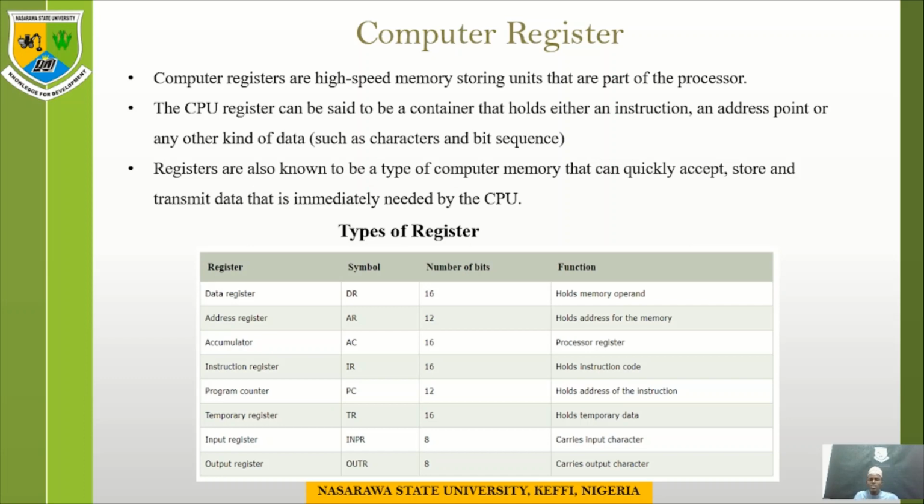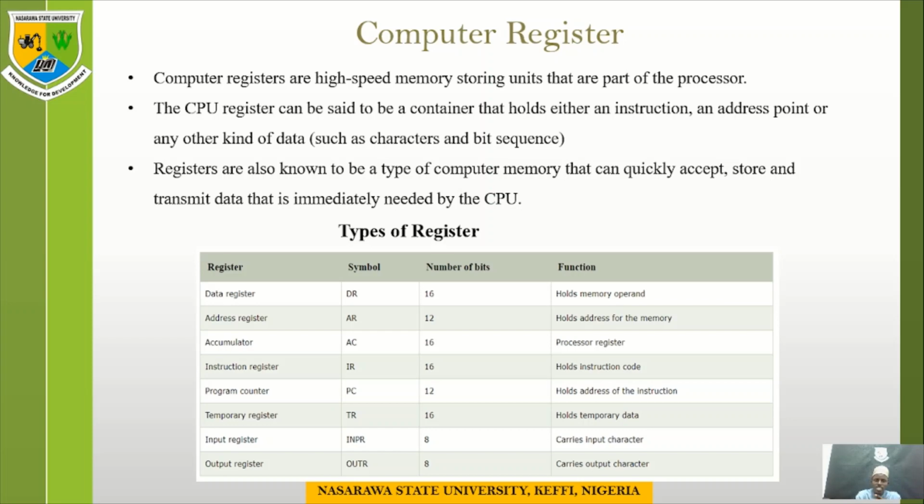They are high speed because they are very close to the processor. They hold the data when the processor is processing data. The memory that the processor uses at that point is called a register. The CPU register can be said to be a container that holds either an instruction, an address pointer, or any kind of data, such as characters and bit sequences.